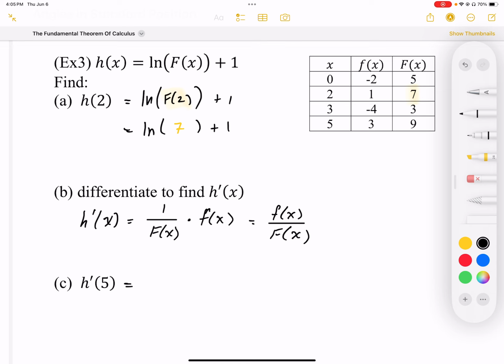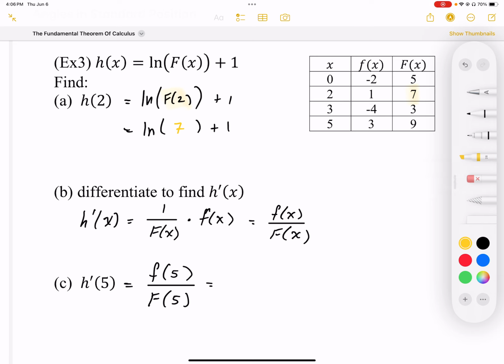If I want to actually work out this value at 5, I just need to be able to find little f of 5 and big F at 5. In this case, it could be a graph, but for this particular problem, we have a table.